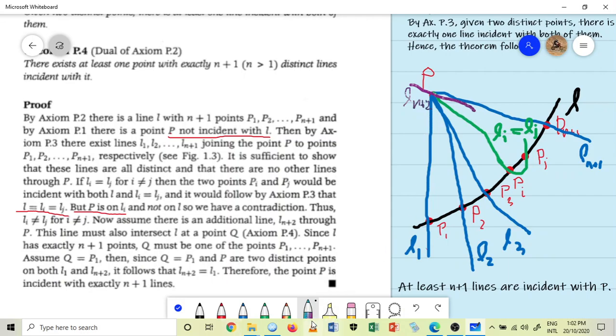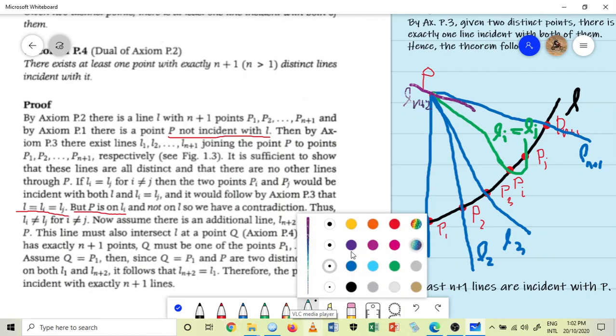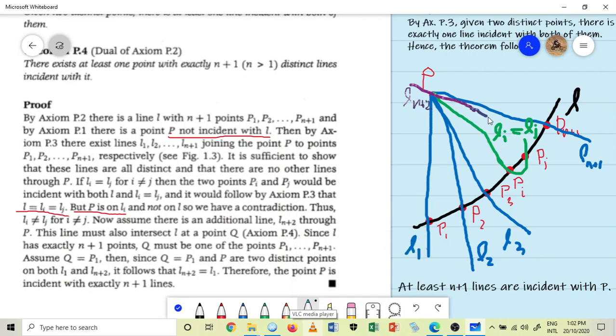So this line should intersect L somewhere.